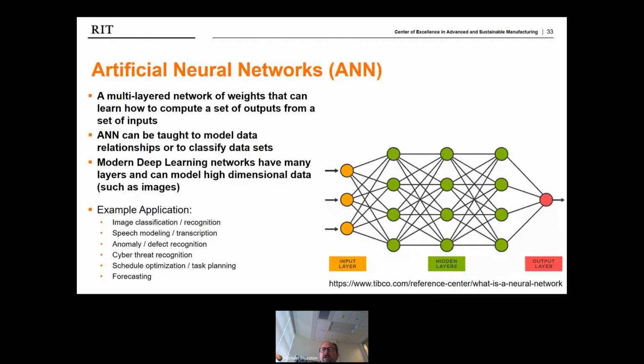Increasing computing power has enabled modern deep learning networks, which means very large, many-level learning networks that can model very complex data sets. These are widely used in image recognition problems such as facial recognition today, and models that are already trained on image recognition are transferable to your manufacturing applications.